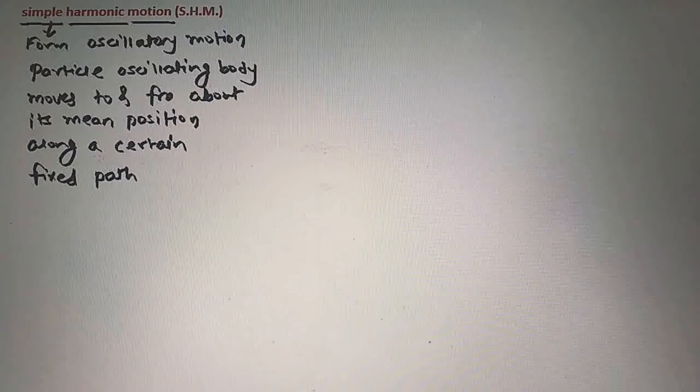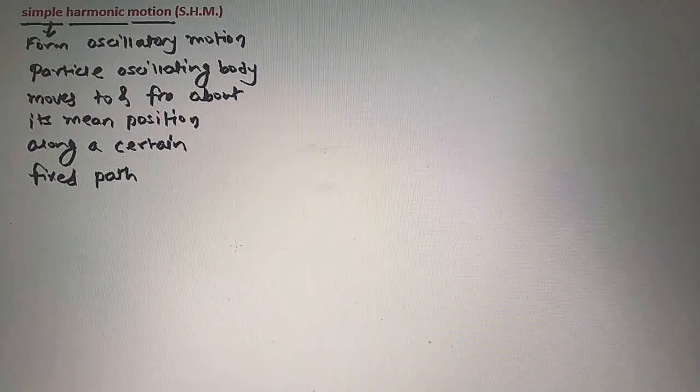That is simple harmonic motion. Simple harmonic motion is what? It is a form of oscillatory motion in which every particle of oscillating body moves to and fro about its mean position or equilibrium position along a certain fixed path.